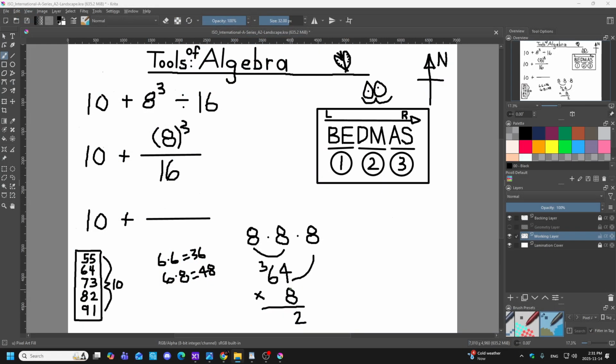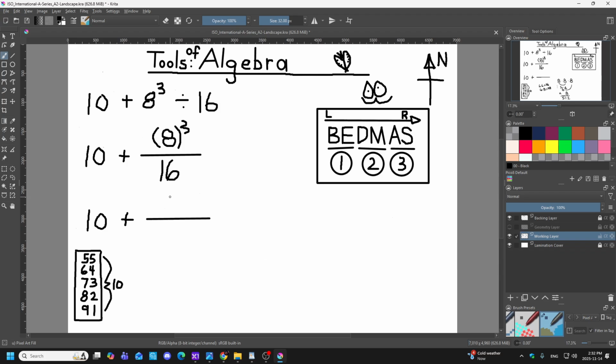Okay, let's continue. 6 times 8, 48, plus 3. 49, 50, 51. 512. Okay, so I'm going to clean this up. Stuff like this you want to do on a separate scrap piece of paper. 512.